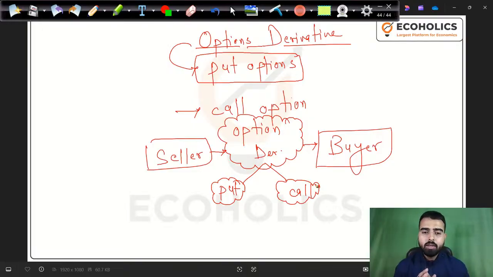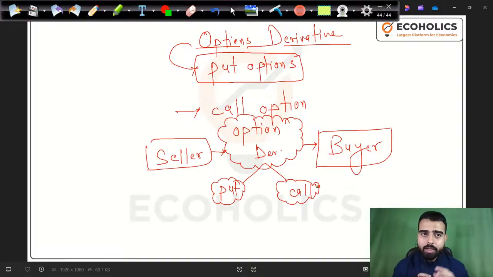Now over here, the thing is a bit intricate to understand: the buyer gets the right, the seller has an obligation. First of all, in futures and forwards, both the parties have an obligation, that they need to honor their agreement. In futures, the seller and buyer of that derivative are obliged.